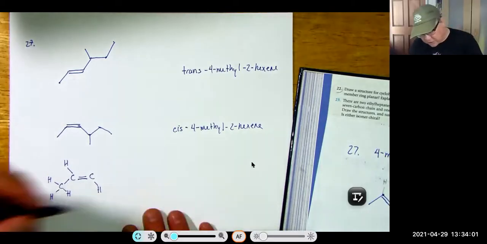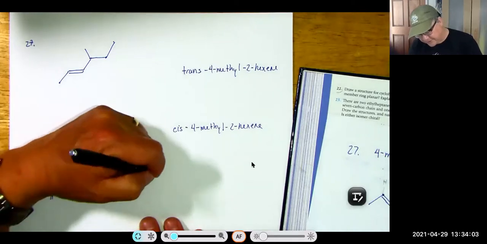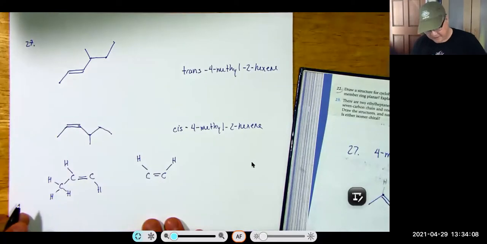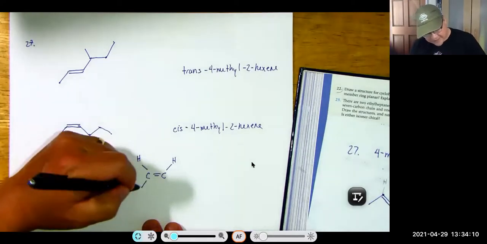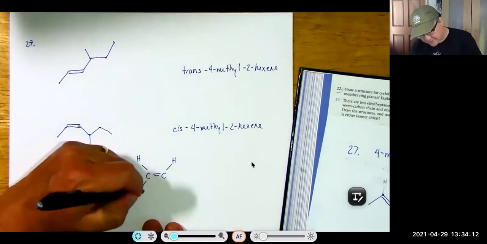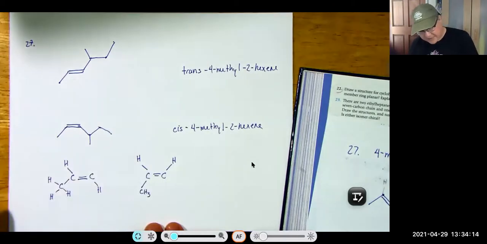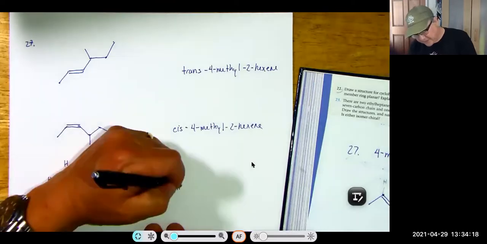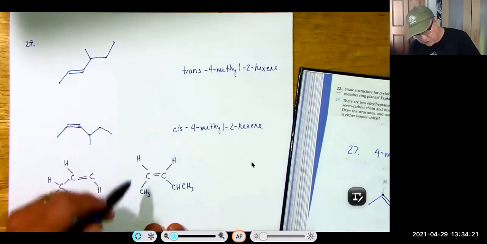However, if you did want to draw the atoms in, you could do this, and that would guarantee cis, correct? And here, instead of writing this, you could write CH3. And here you could write CH3, 1, 2, 3, 4, 5.